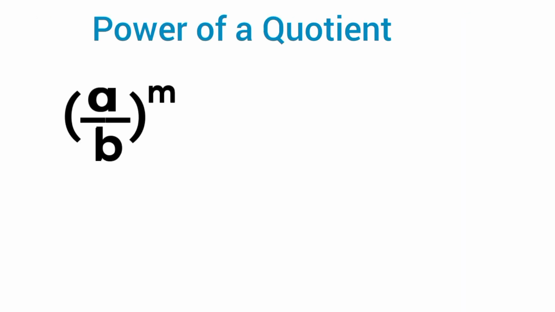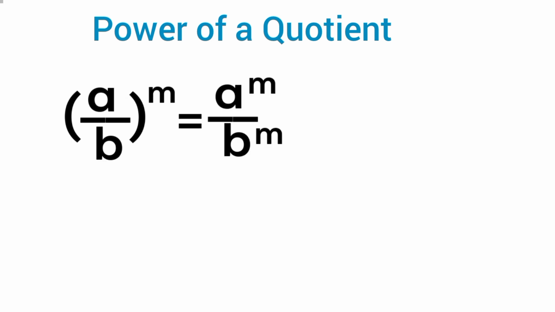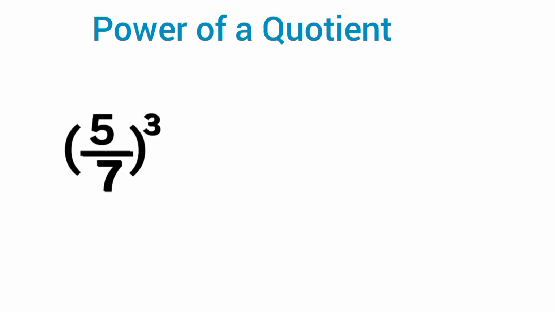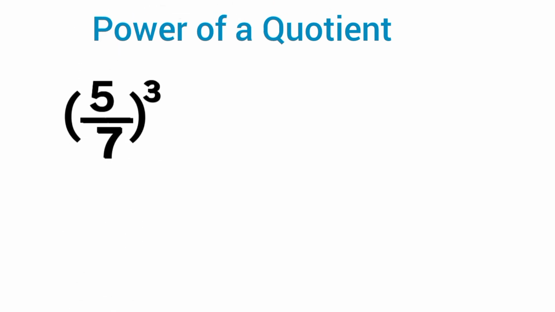Here we have the power of a quotient. The quantity a over b raised to the power m is equal to a to the power m over b to the power m. So for example, we have 5 over 7 raised to the power 3. This is equal to 5 cubed over 7 cubed.